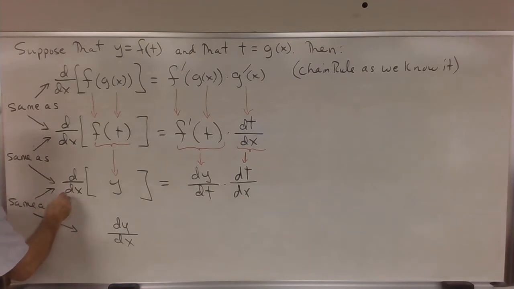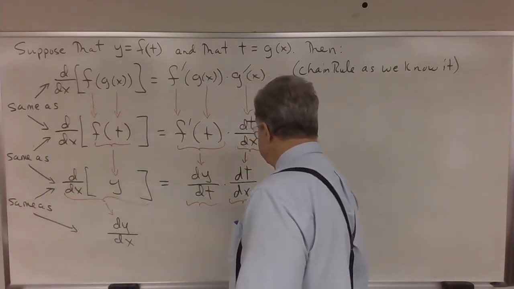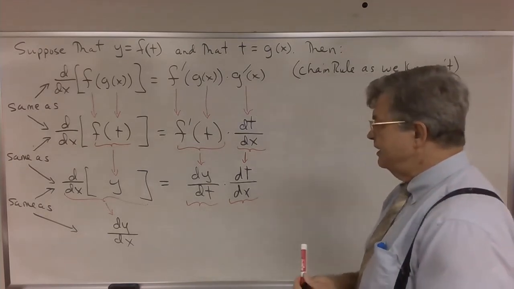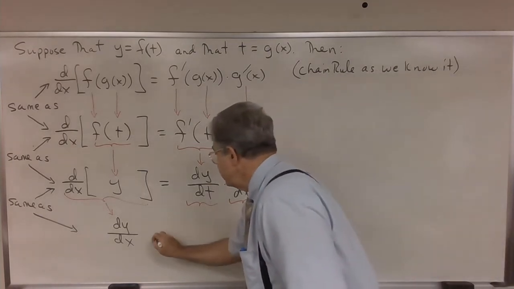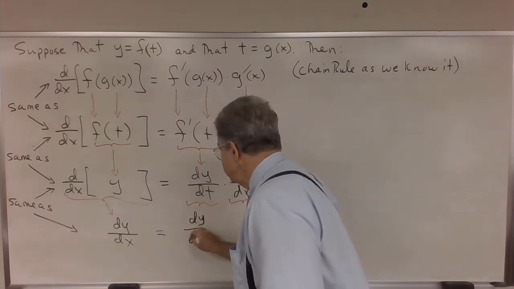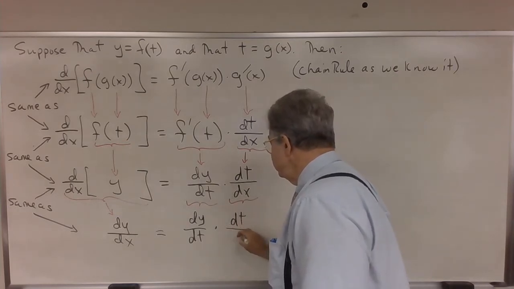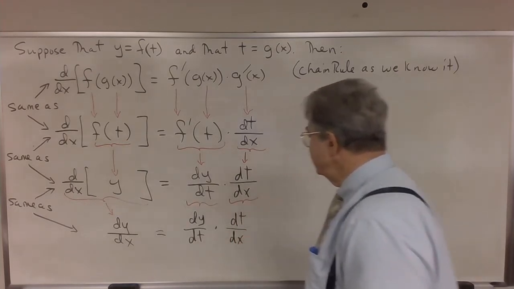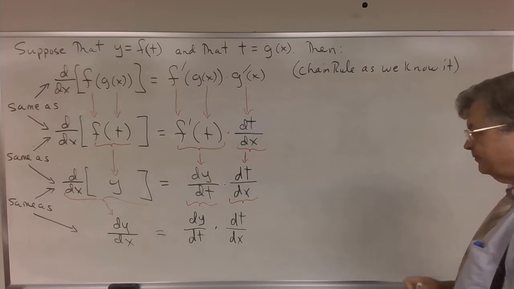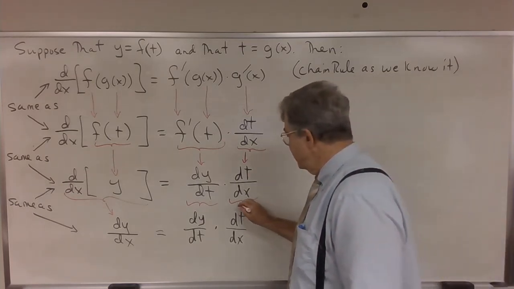So this whole thing, derivative of y as a function of x, and these two things, I like these just the way they are, so I am not going to change them. dy dt times dt dx. And this is the form that I was after.